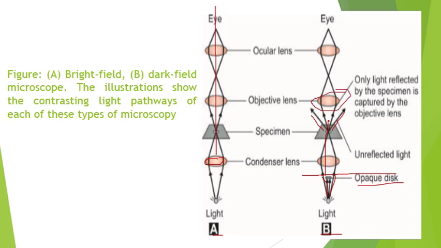After this, the image is formed at the eyepiece, or ocular lens. So simply we have an addition of an opaque disc in dark field microscopy.